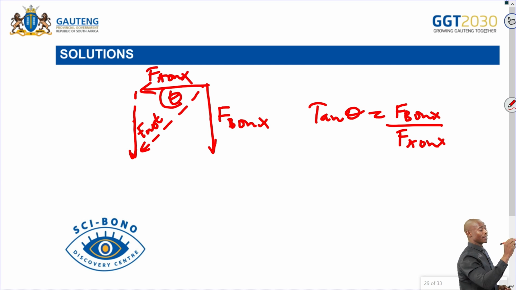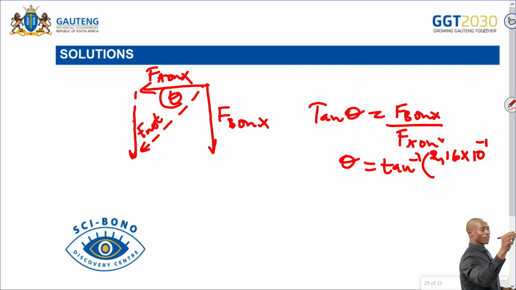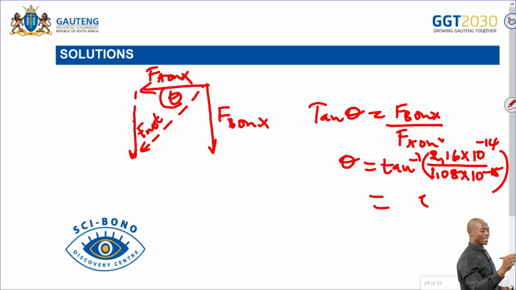So theta will be tan to the power negative 1, then F B on X over F A on X. F B on X is 2.16 times 10 to the power negative 14 over 1.08 times 10 to the power negative 15. Then you find theta in degrees, right?